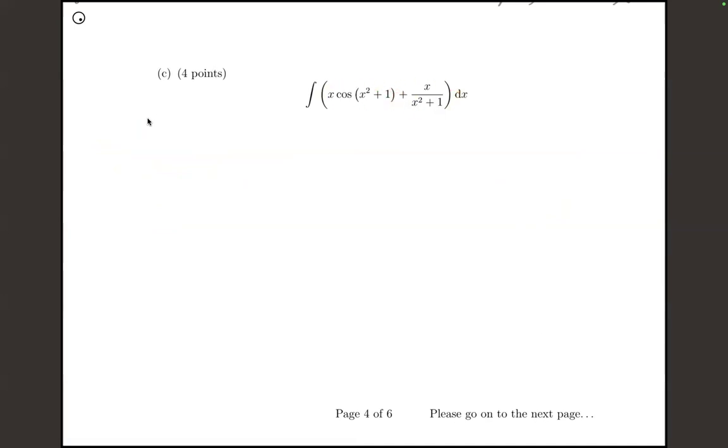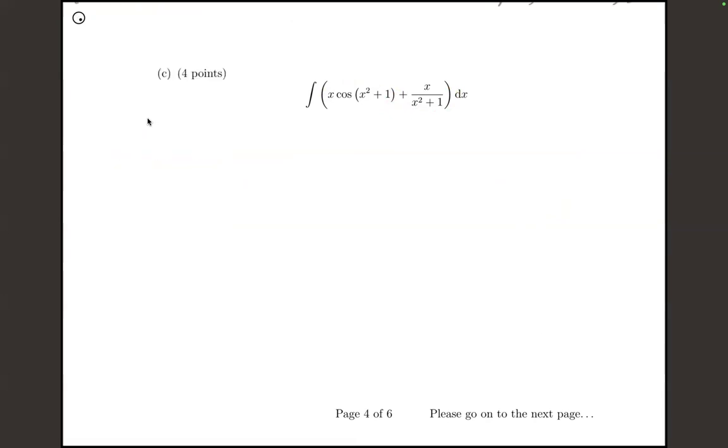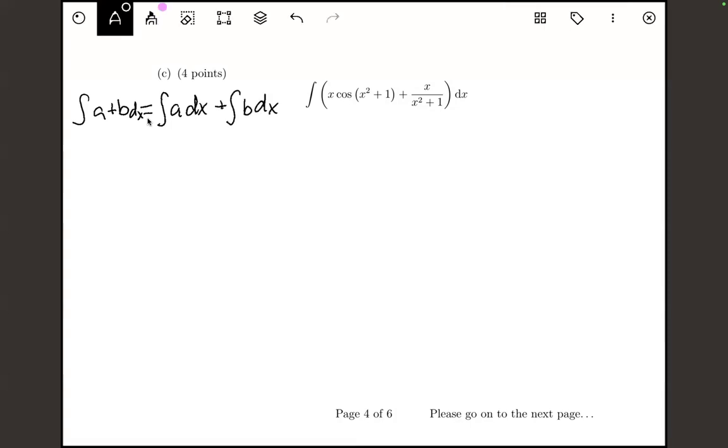One thing I want to make clear is that by the definite integral properties, and this is an indefinite integral, but it still works, the integral of a plus b is the same as the integral of a dx plus the integral of b dx. We can separate different terms into different integrals, and that might make our job easier, because this integral is looking a little messy already.